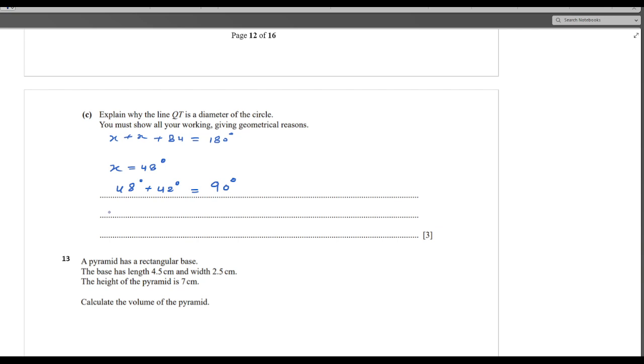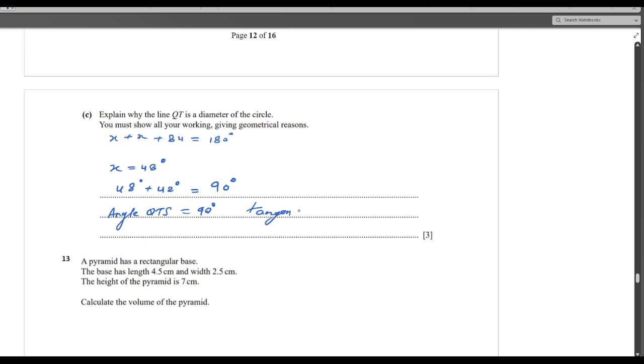So here I will say that angle QTS is 90 degrees. Now we know that a tangent is perpendicular to the radius. That means your tangent is perpendicular to your diameter.